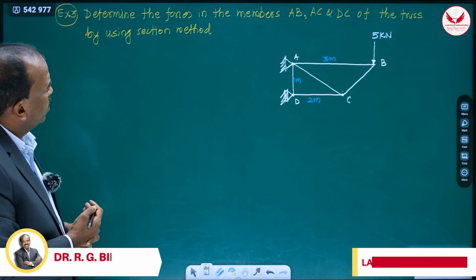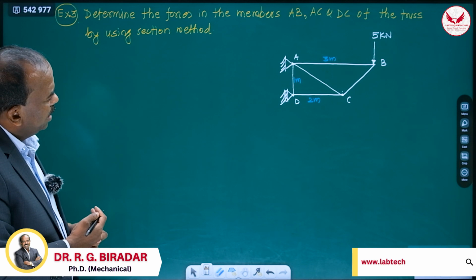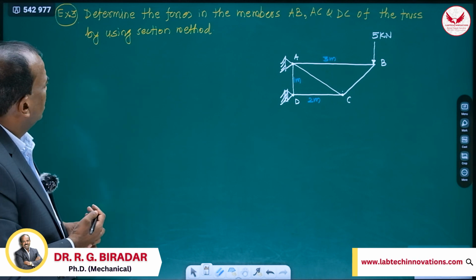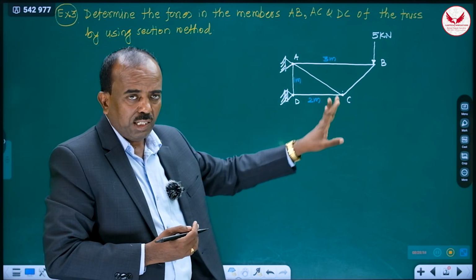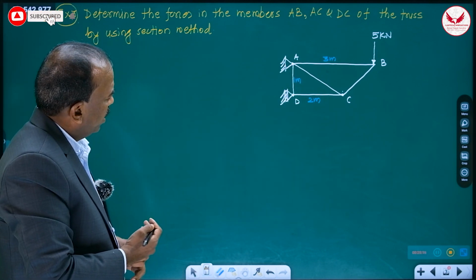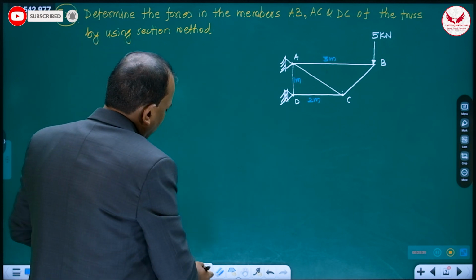Determine the forces in the members AB, AC and DC of the truss by using section method. So this is a very simple cantilever type of truss. We have to get these members. Lower is roller support, upper is hinge support.